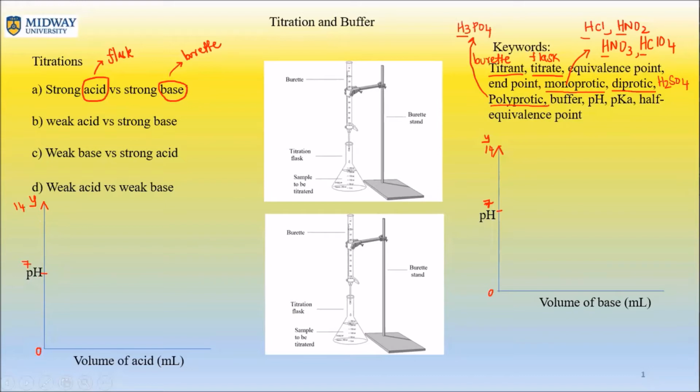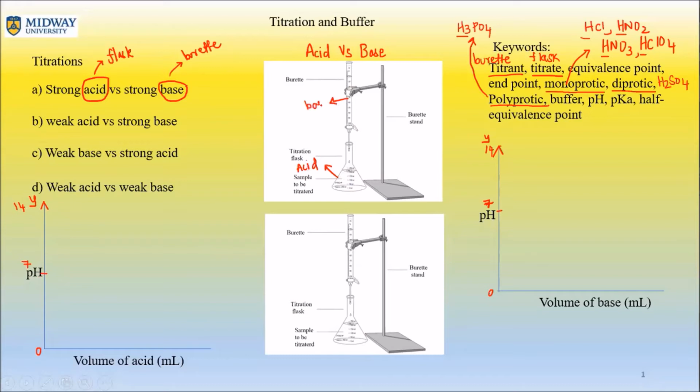Okay? Now, there are two things I want you to pay attention to, and that's why I have both of these. So this right here, I'm going to use for acid versus base. Let's not label it as strong or weak, because the point here is I want you to understand these things. Acid versus base, so acid goes here and base goes here.